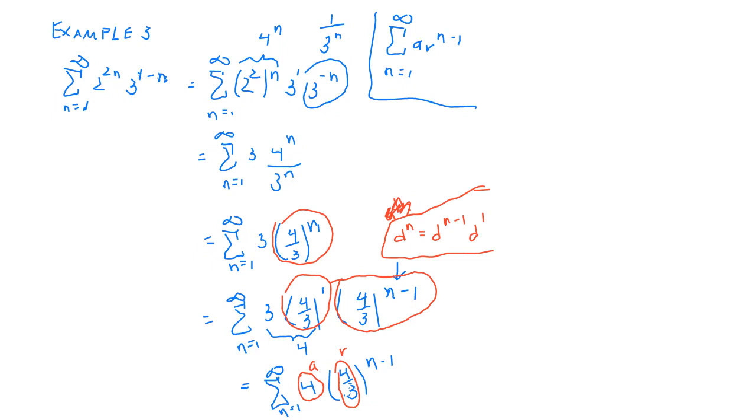Well, so should I go ahead and try to get the sum of this series? Here's my series. Does that geometric series converge? No, because the common ratio is 4/3, and the absolute value of that is 4/3, which is greater than 1.